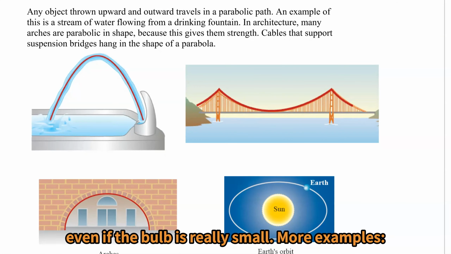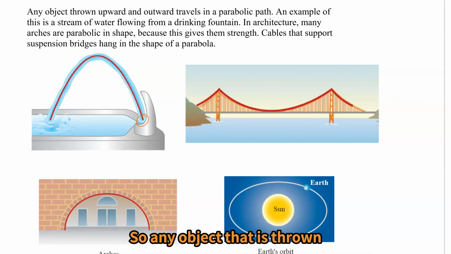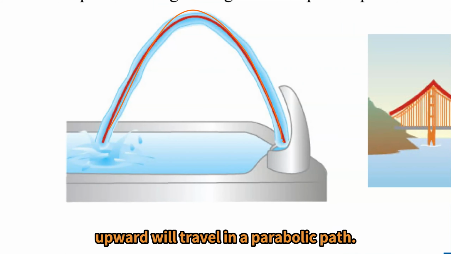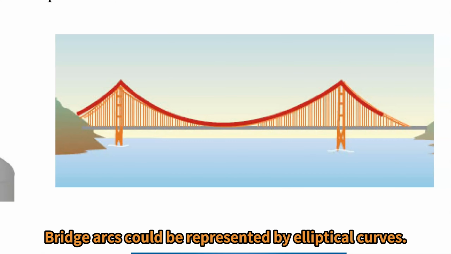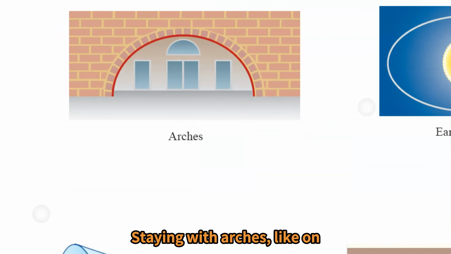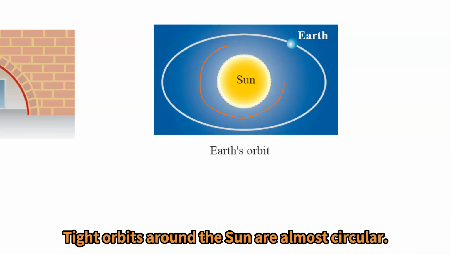More examples. We talked a lot about projectile motion, so any object that is thrown upward will travel in a parabolic path. Bridge arcs could be represented by elliptical curves. Same with arches, like on an overpass. And celestial orbits are conic sections. Tight orbits around the sun are almost circular.